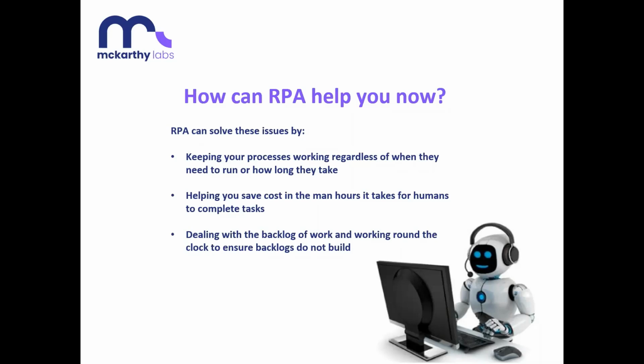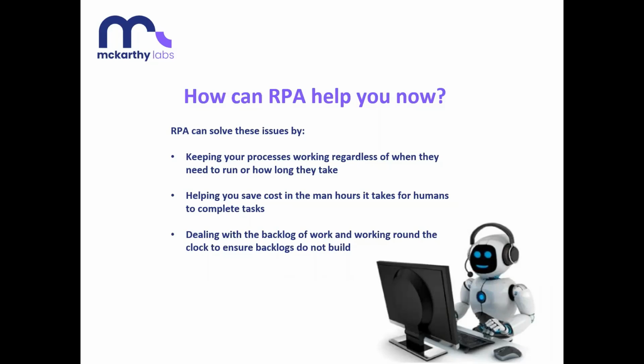We can help you save costs by saving some man hours in some of those processes. So if you're spending a lot of money on man hours to carry out a process, if we can help alleviate some of that by automating it, we will save you some cost there. And if productivity and efficiency are dropping whilst people are adjusting to working from home, bots are perfect at dealing with backlogs, and they can work round the clock to ensure that those backlogs do not build.